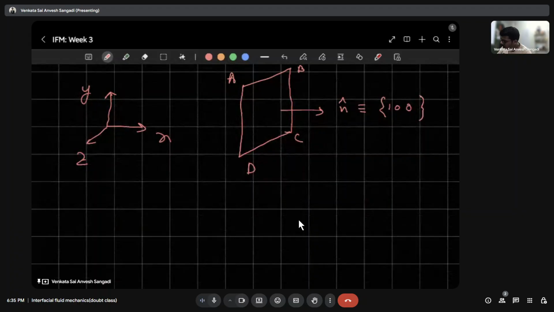So the question asks, find n hat dot tau dot n hat.